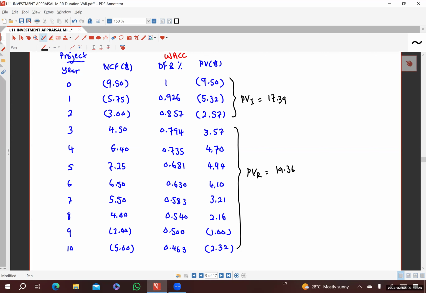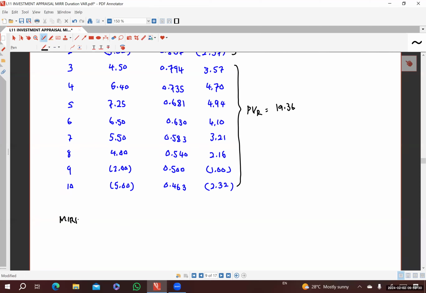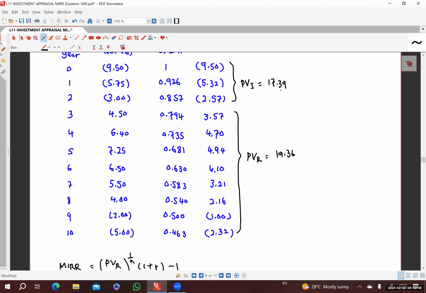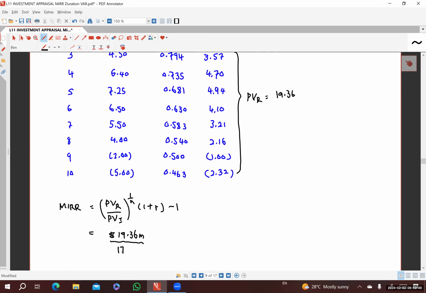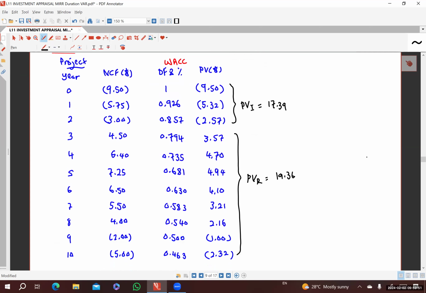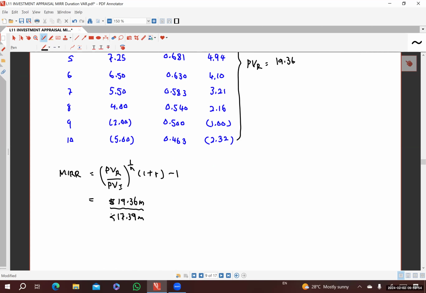So from here, we can now find the modified internal rate of return. This is the formula: present value of return phase divided by present value of investment phase, to the power of 1 over n. N is 10 years here. WACC 8%. That is the answer.